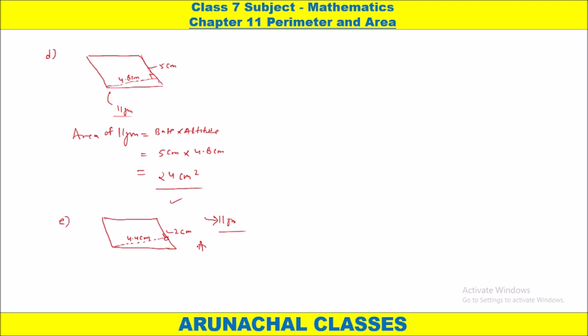Now to find out the area of the parallelogram, base is multiplied with altitude. Base value is given as 2 centimeter and altitude is given as 4.4 centimeter. Now if I multiply 4.4 centimeter by 2 centimeter, it will be 8.8 centimeter square.